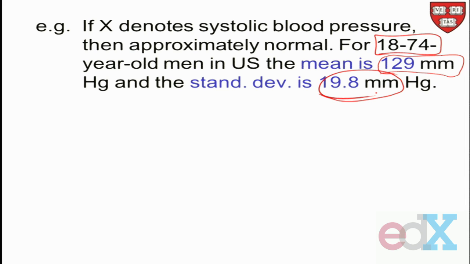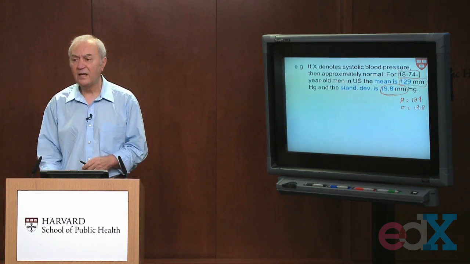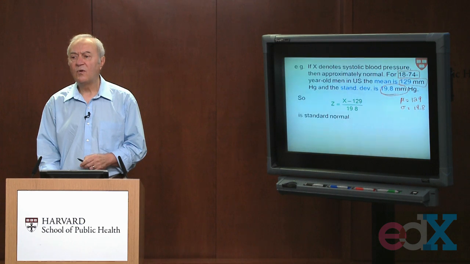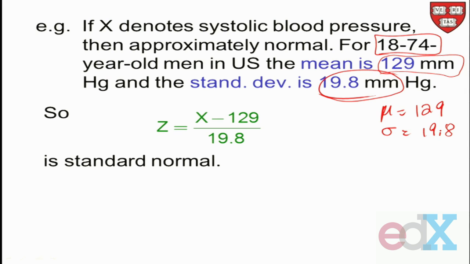So I've got a mu of 129 and a sigma of 19.8, everything measured in millimeters of mercury. If I want to standardize, I subtract mu, divide by sigma, and there it is. My standard variate z is x minus 129 divided by 19.8.